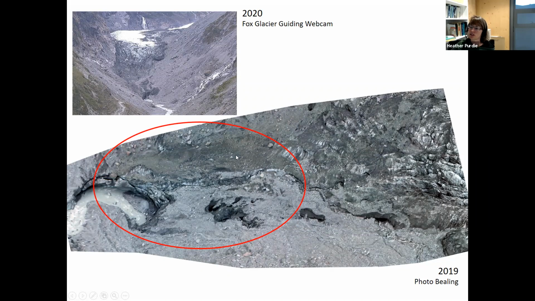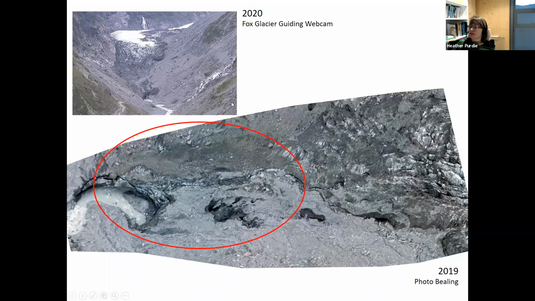And then we transition into the zone where we're not seeing any transverse crevasses anymore, and the only dynamic features we're seeing is as the ice is collapsing at the very terminus into the proglacial valley. So this shows us that this whole lower portion is very undynamic.